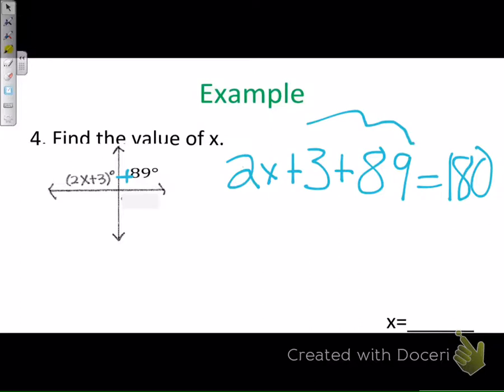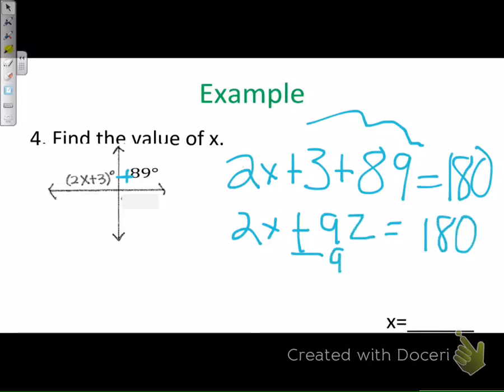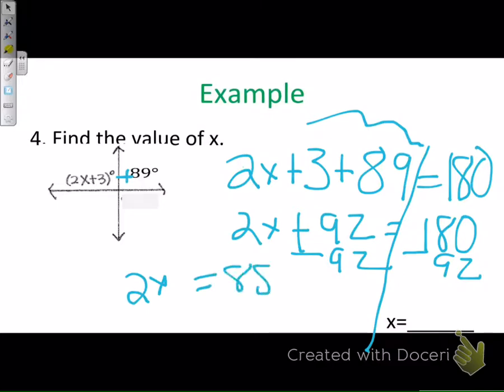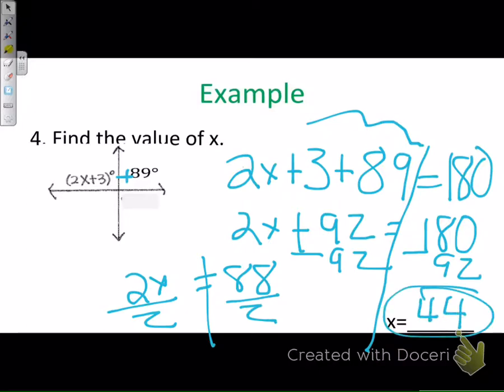Now, we can combine. So 2x plus 92 is equal to 180. Subtract the 92. So then it would be 2x is equal to 88. Divide by 2 on each side. X is equal to 44.